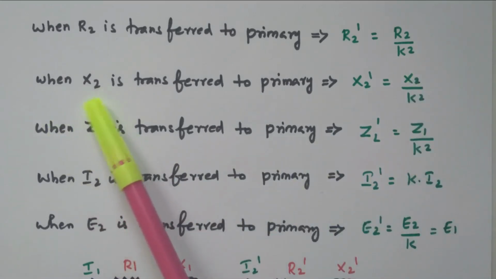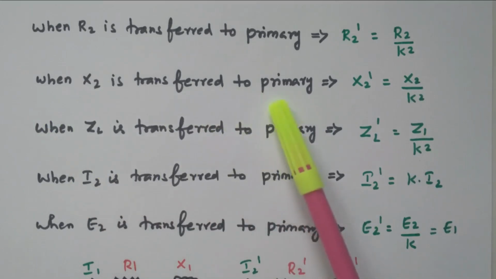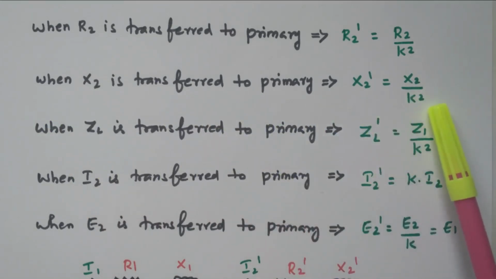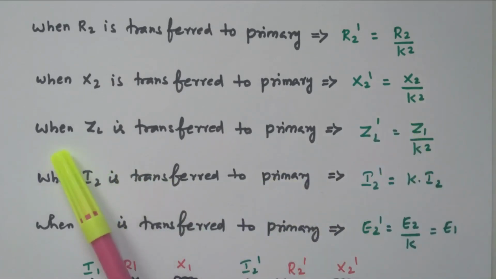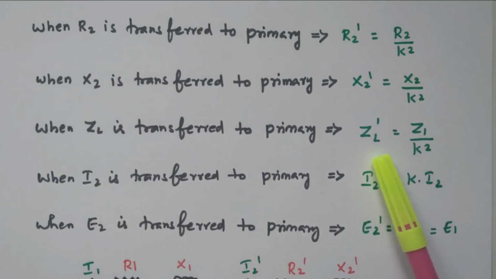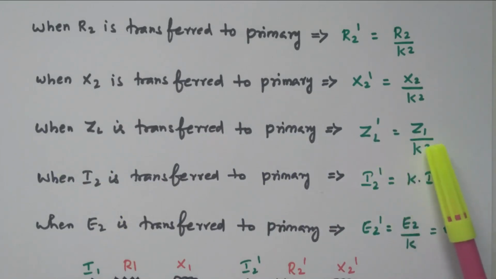Similarly, when reactance X2 is transferred to the primary, it becomes X2 dash, that is X2 divided by K square. Similarly, load impedance ZL transferred to the primary becomes ZL dash, that is ZL divided by K square. Similarly, the secondary current I2 transferred to the primary is I2 dash, that is K times I2.